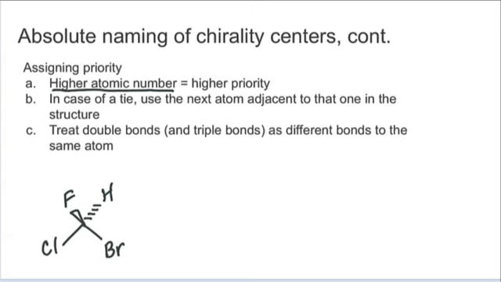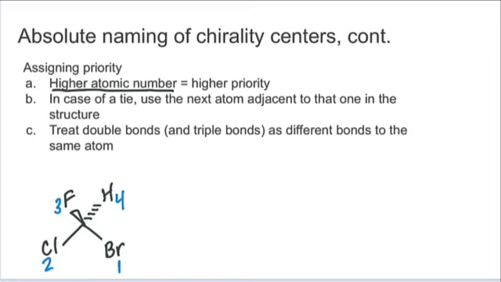Fluorine has the smallest, so it goes fluorine, chlorine, bromine. Bromine has the largest atomic number, so that's going to be priority 1. Chlorine is the next largest, and fluorine is the smallest of the group. Not including hydrogen, which of course is the lowest priority group, priority number 4.